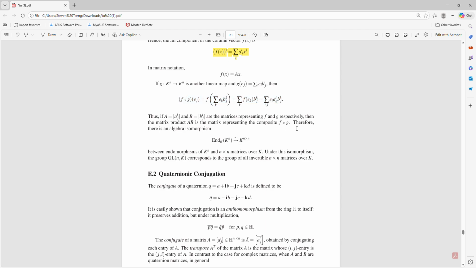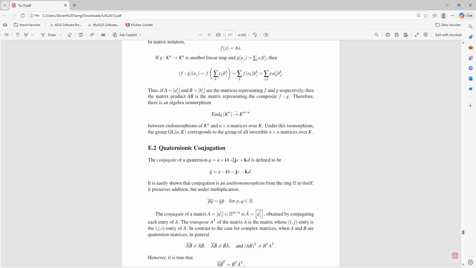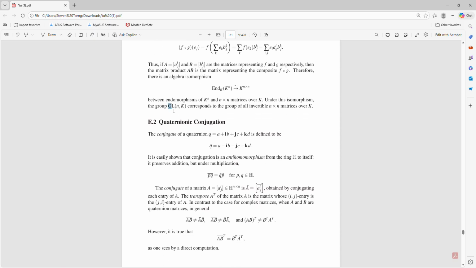So by the above construction, we get an algebra isomorphism between the endomorphisms of Kn and K m by n matrices. And the general linear group corresponds to the group of all invertible matrices over K.